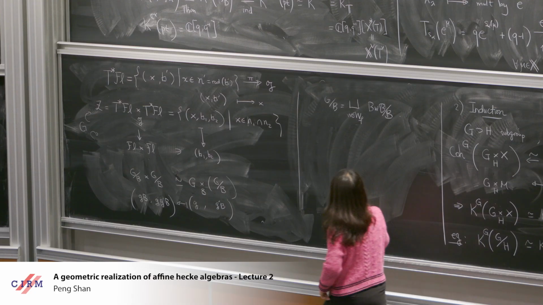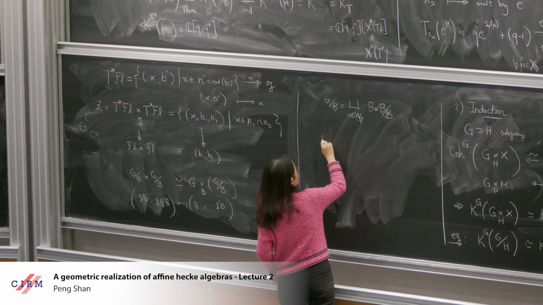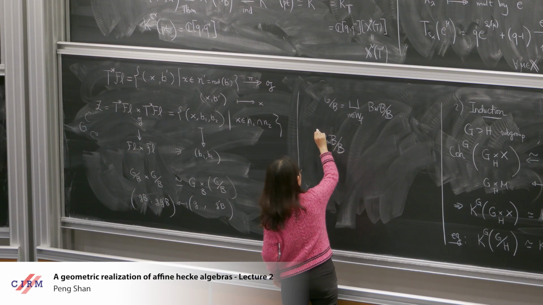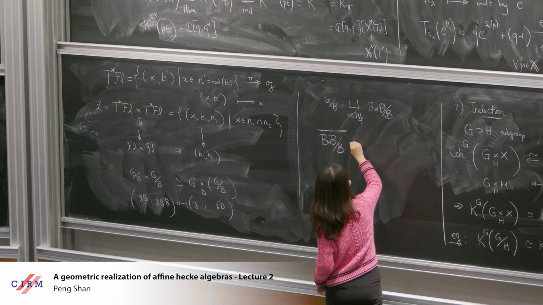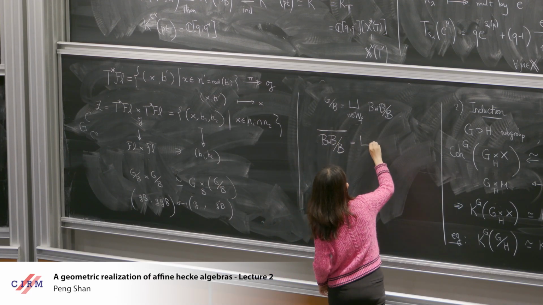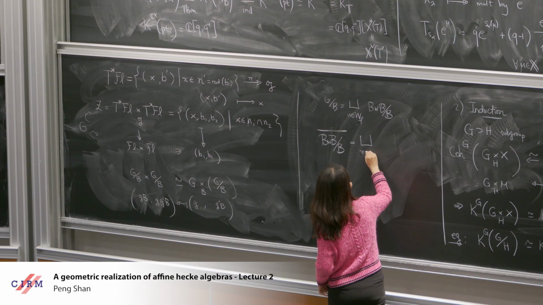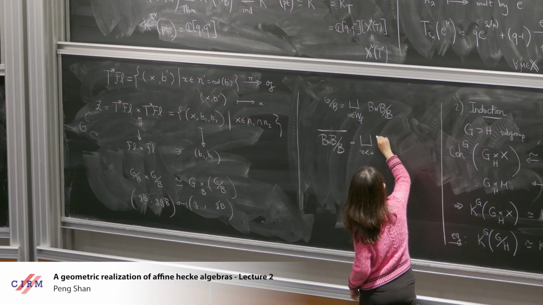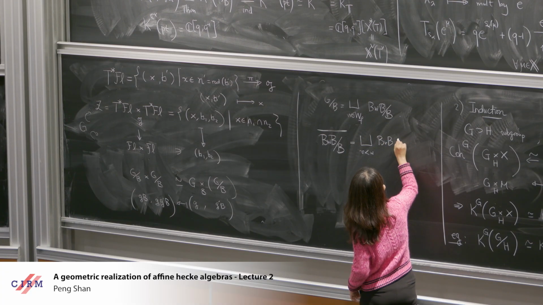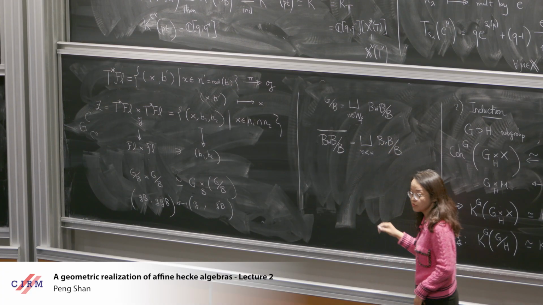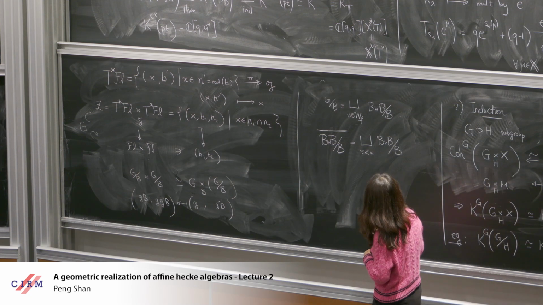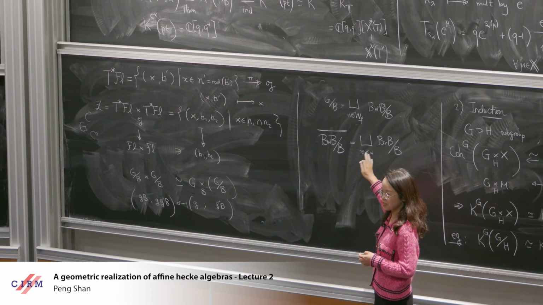And moreover, we know that if you take the closure of such a B orbit, this is the union of all the elements which are smaller than w in the Bruhat order of BwB over B. Okay, I didn't discuss the Bruhat order, but you can take this as a definition.